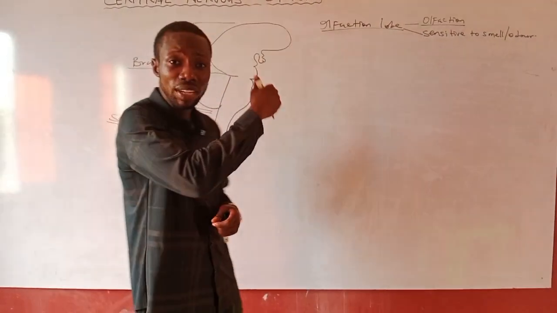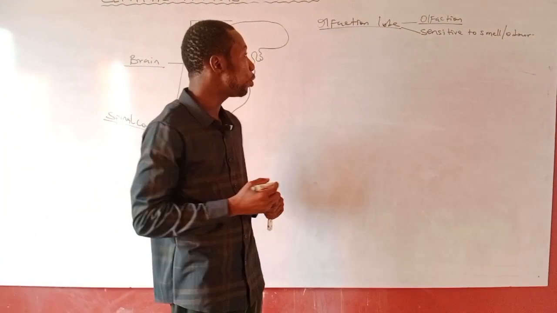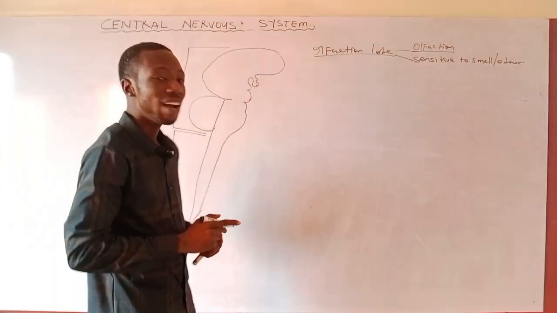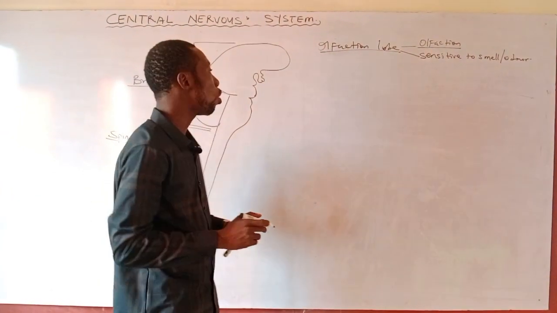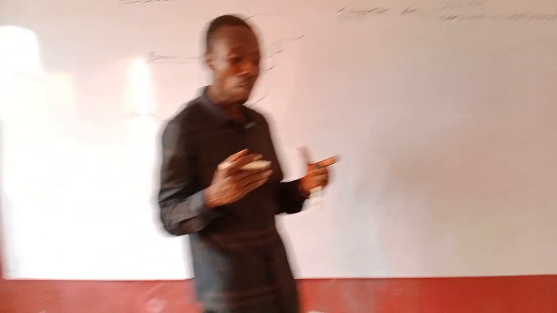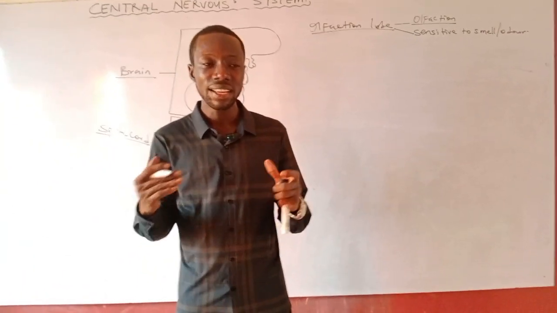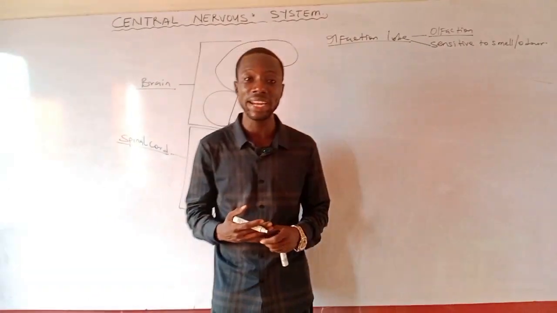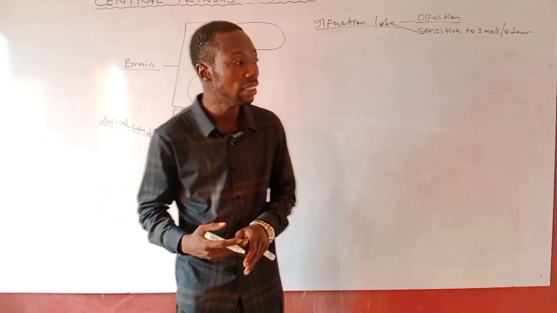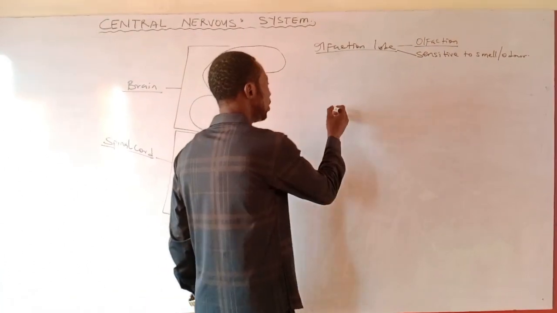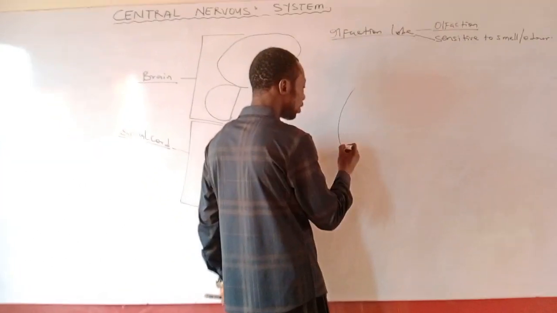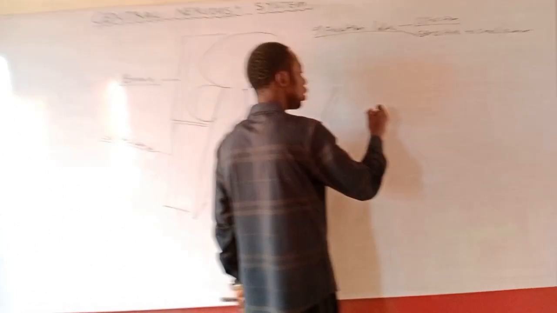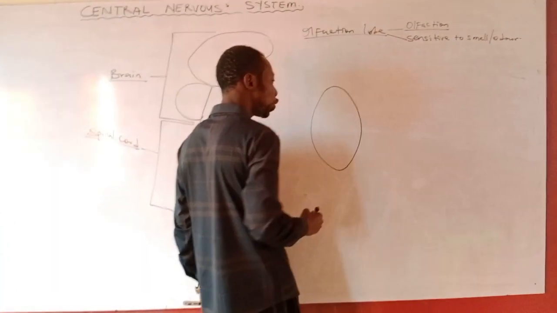Next we are going to look at the most dominant part of the brain, and that is the cerebrum. Because it is the most dominant part, it is the largest part of the brain, and the whole of the brain is also known as the cerebrum. As you can see from the picture on the whiteboard, it is spherical in shape.